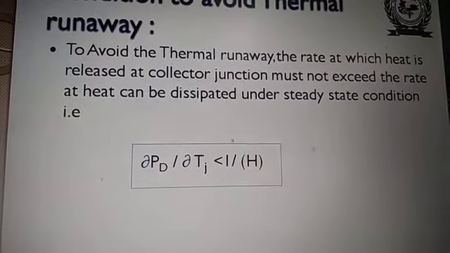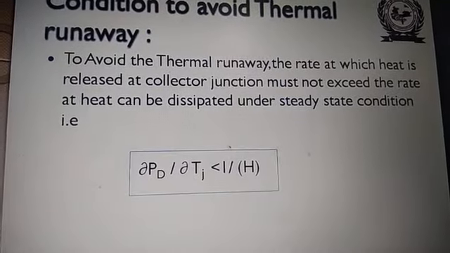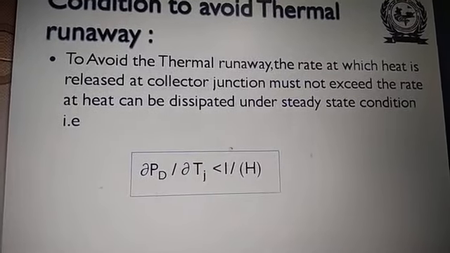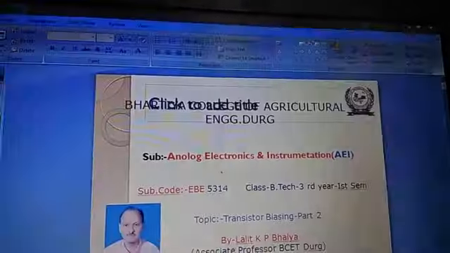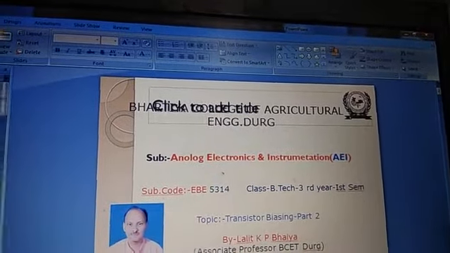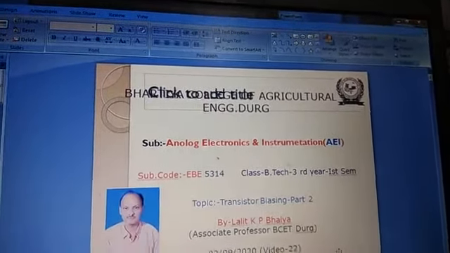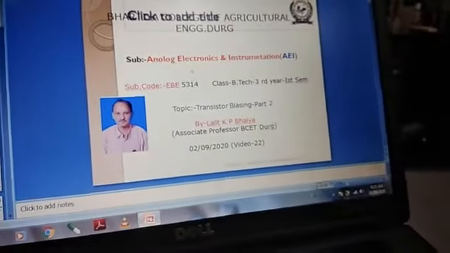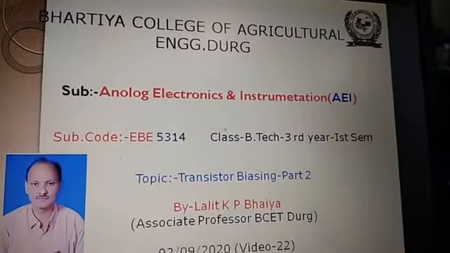And what is this H we have seen? Pd is the power dissipated and Tj is the junction temperature. So here, this is all about stabilization.